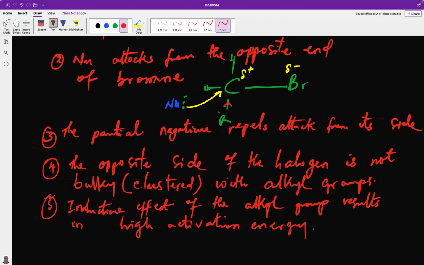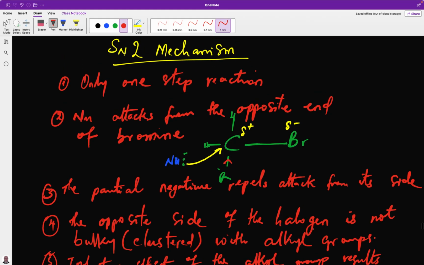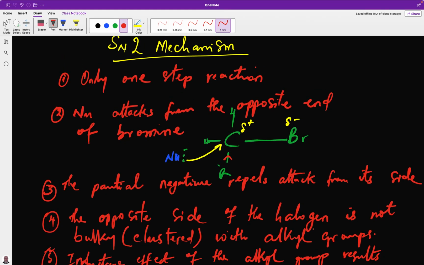So, a recap of this one. I said in the SN2 mechanism, there's only one step in this mechanism. Why did I say there's only one step?